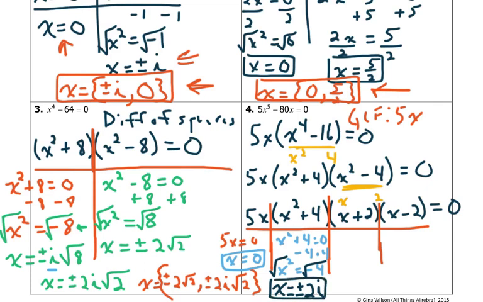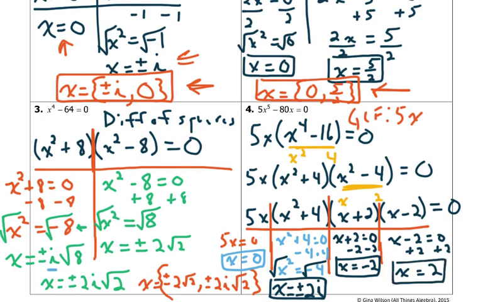Next, x plus 2 equals 0. Subtract 2 from both sides, and we get x equals negative 2. And then finally, x minus 2 equals 0. Add 2 to both sides, and x equals 2.